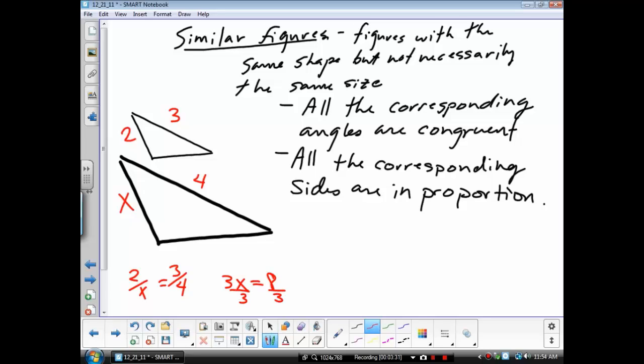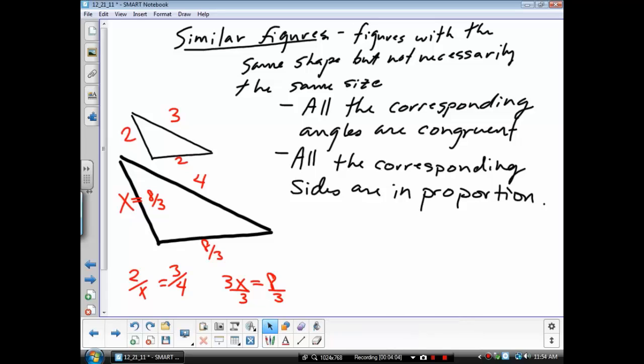And I find that x will have to be 8/3, which is 2 2/3. X then is going to equal 8/3, and I can leave it as 8/3. Then if this side right here is also 2, then this side right here will also be 8/3. All of their corresponding sides must form the same fraction when you set them up and reduce.